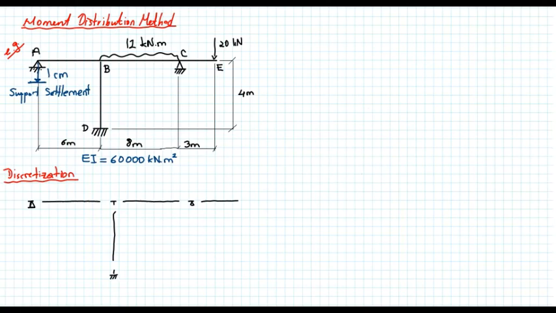So what do we know about this structure? Here at this point A, it is free to rotate, meaning that I can use the modified equation for this one.